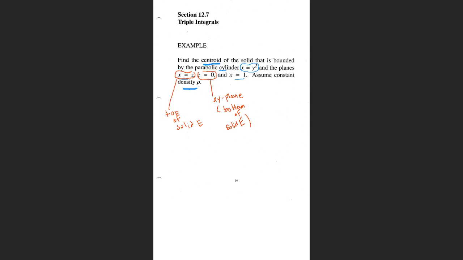Now, a solid can't just be bounded on the top and the bottom. It also has to be bounded on the sides. Well, x equals y squared, that's a side boundary of solid E. Think of the parabola x equals y squared, and then raising that up and down.